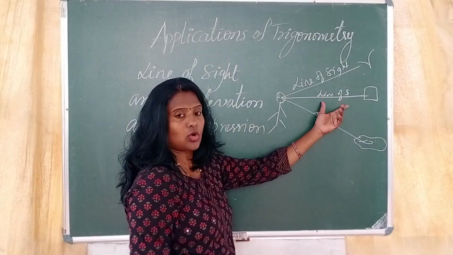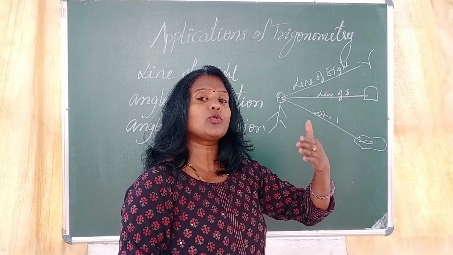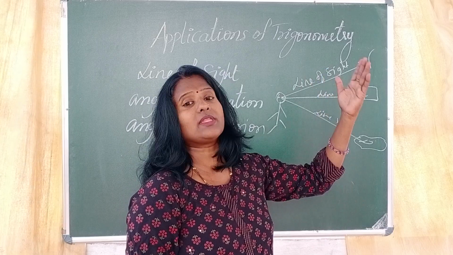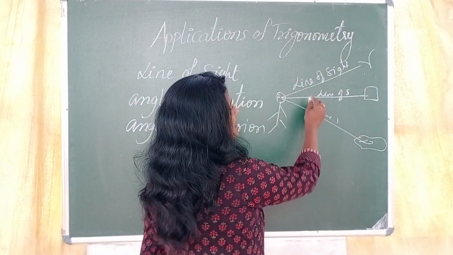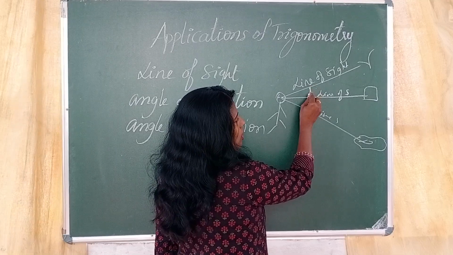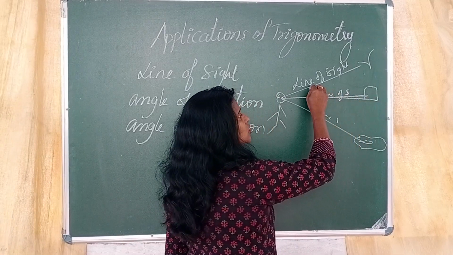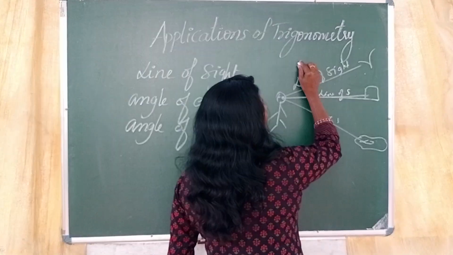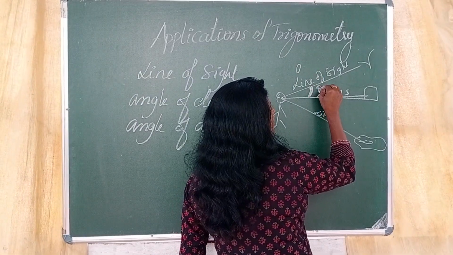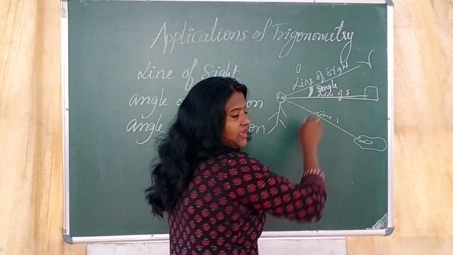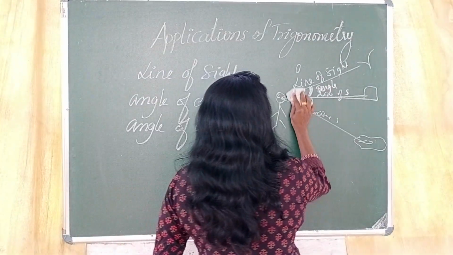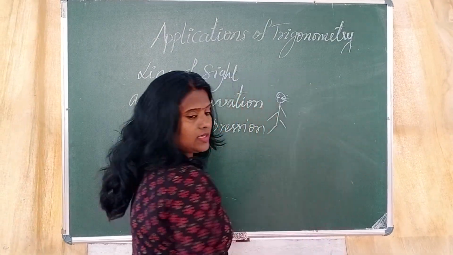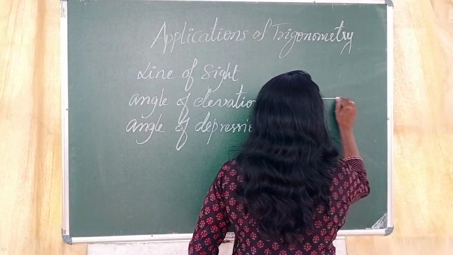From the horizontal line, if I want to see any object which is above that, then the angle formed by the horizontal line and the line to the object above it is called the angle of elevation. See, this is the horizontal line.